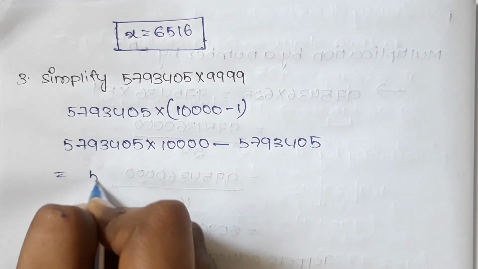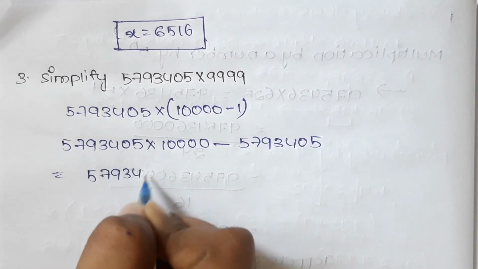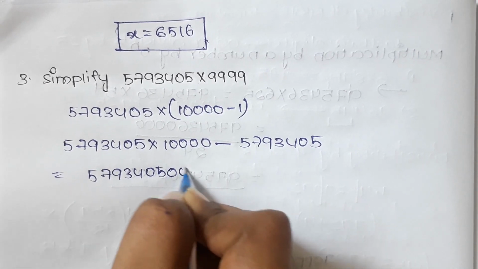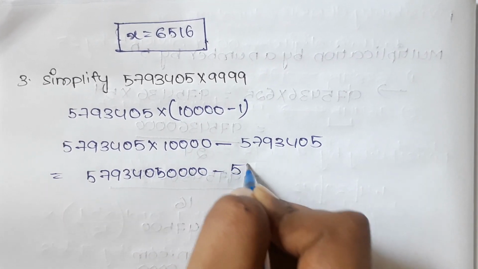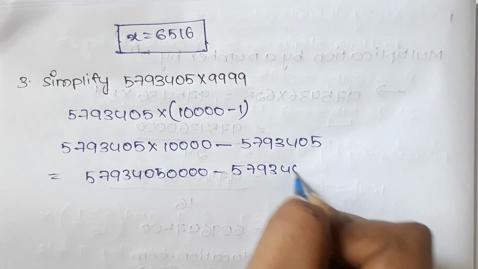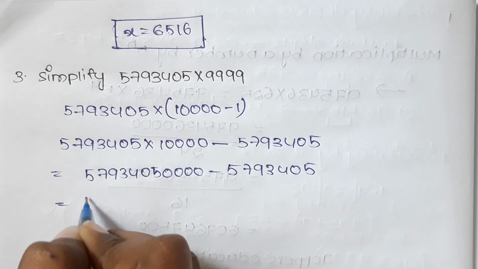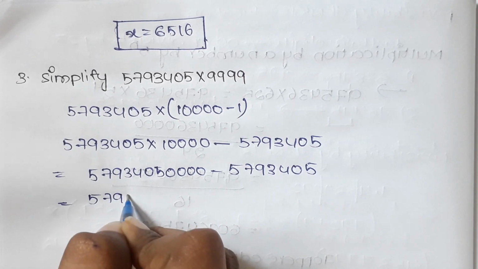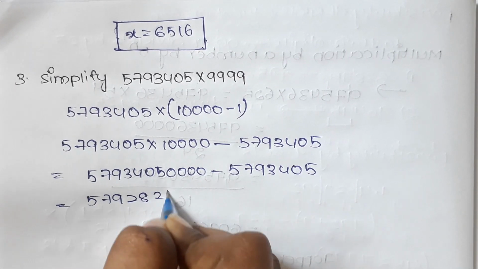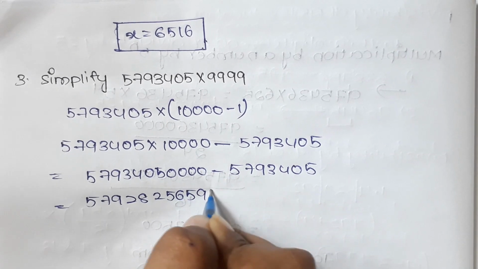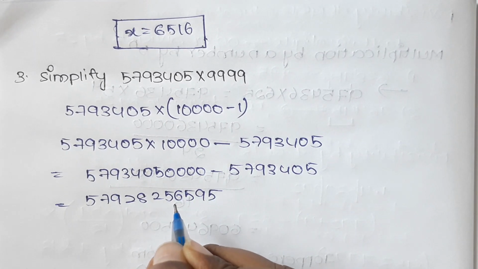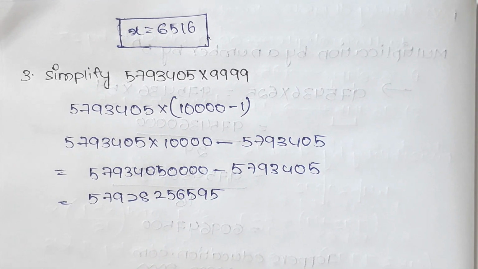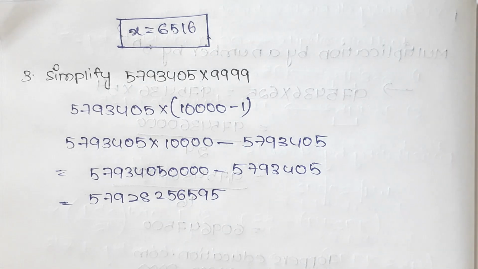Now 5793405 minus 5793405, and when we subtract this we will get 5792825695, and this is the simplification of the multiplication.